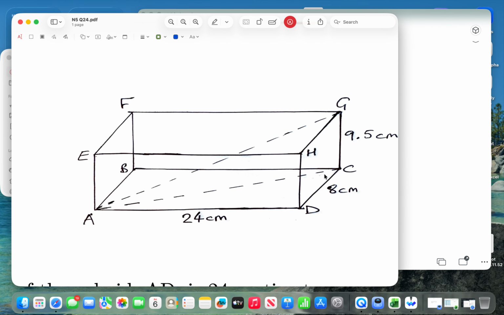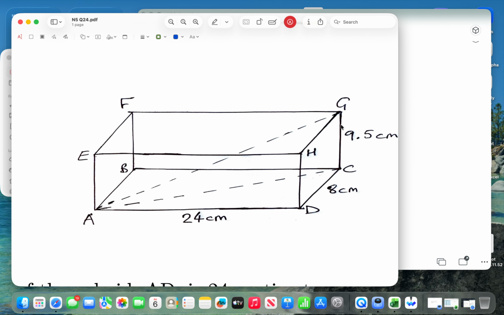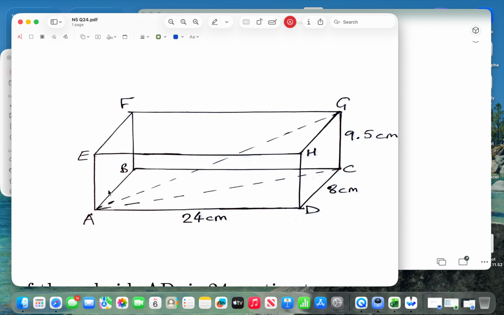We found AC in the last part. And we know that CG is the height of 9.5. The question asks us to find AG.